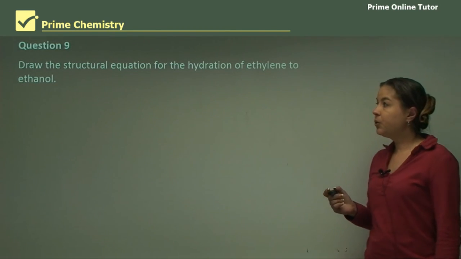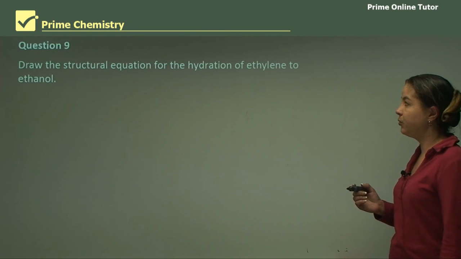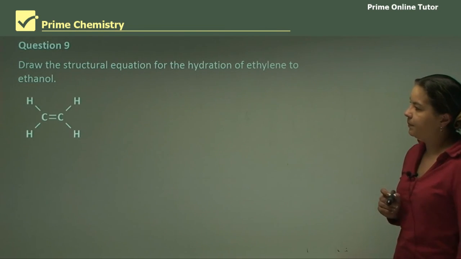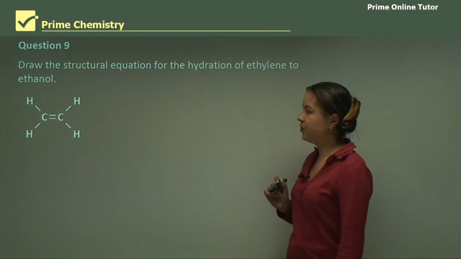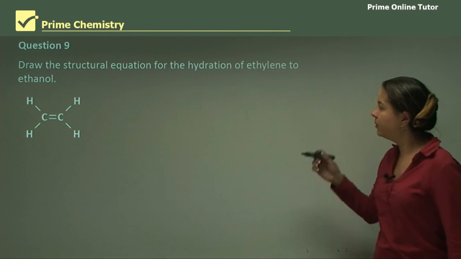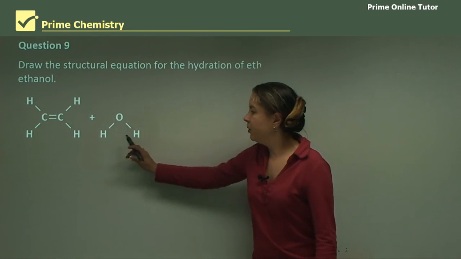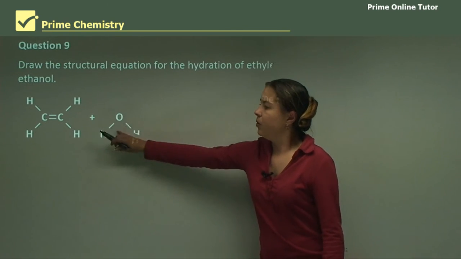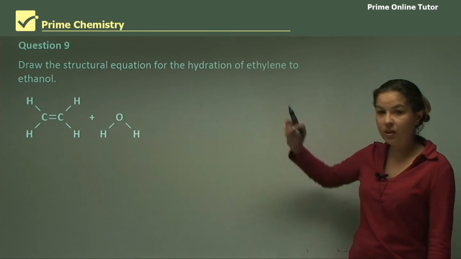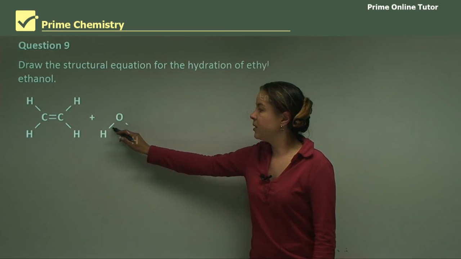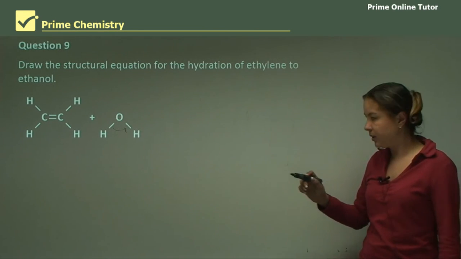Question 9. Draw the structural equation for the hydration of ethylene to ethanol. Let's start. Ethylene, there's our structure. We draw that, double bond. We draw water, H2O. When you're drawing a structural equation, always try and draw water in this way, because there's a very specific angle of water in here.